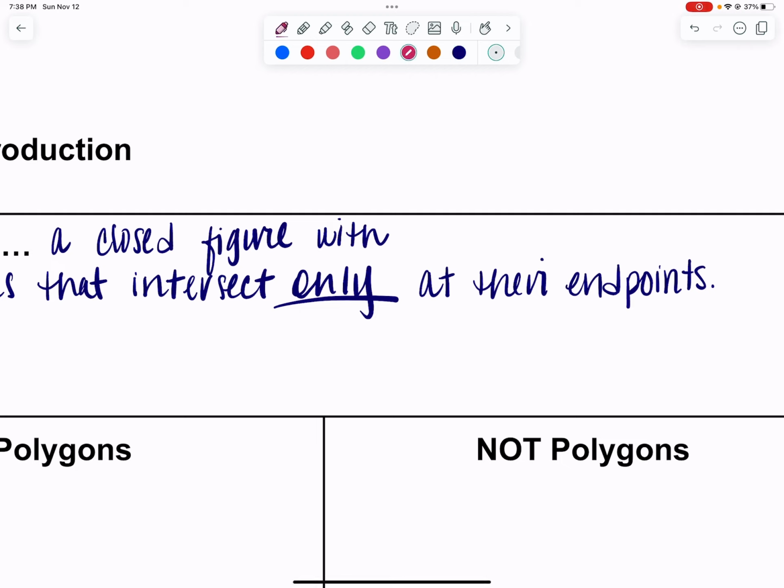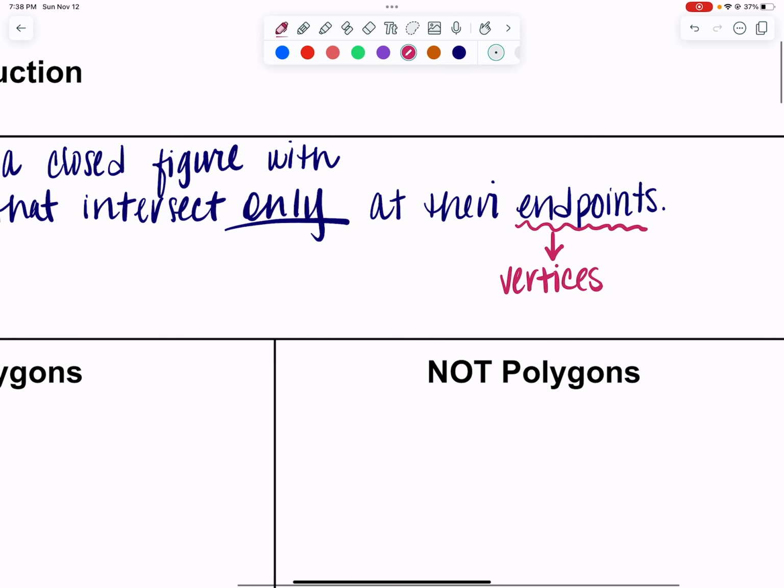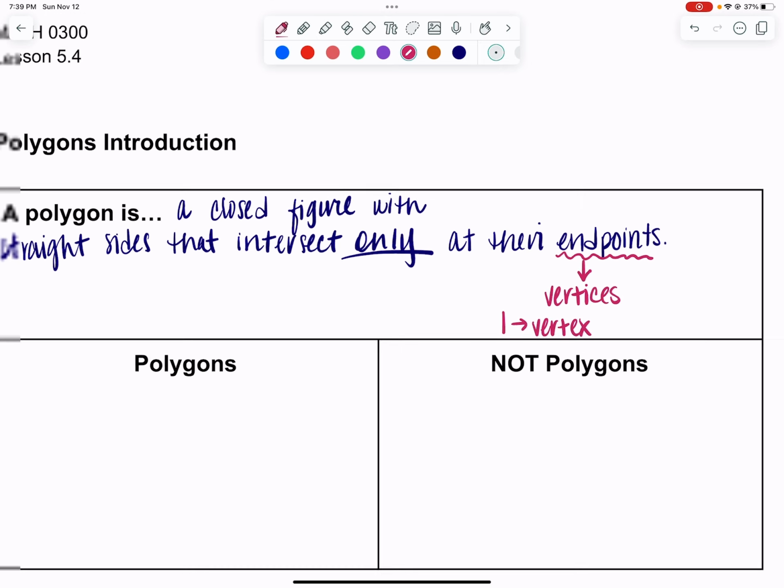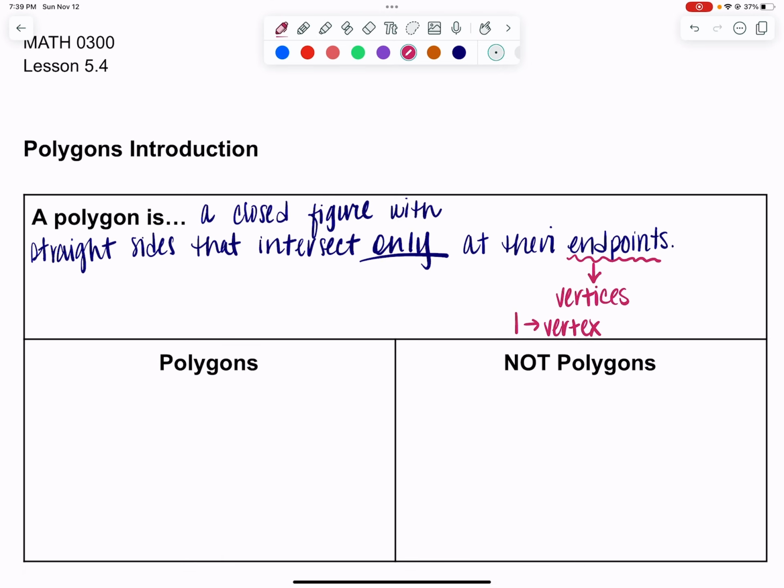And FYI, nifty fact, these endpoints are called vertices. If there's only one, it's a vertex. If you're lucky enough to venture into college algebra, you will talk about the vertex when you talk about different functions and their graphs. Another fun fact, I'm full of those today.